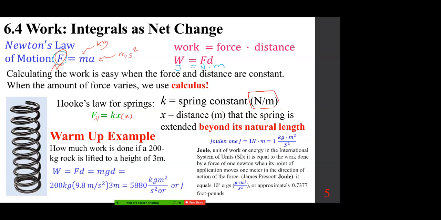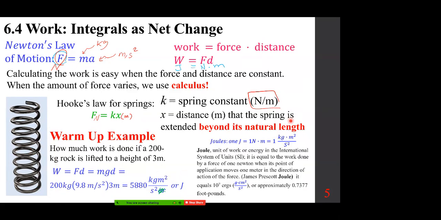So the formulas follow. And so therefore, in the SI system, 1 joule is the same as 1 Newton times 1 meter.